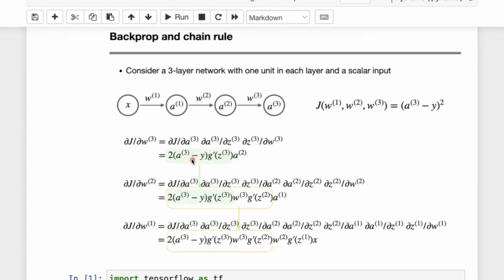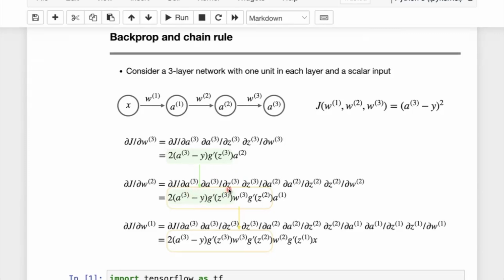So you really recycle a lot of these partial derivatives and you don't have to find them from scratch, right? So whether you want to find partial derivative of j with respect to w3 or w2, you need to first find the partial derivative with respect to a3, and then you go one step backwards, right? So you can see here we have a3, and then we have z3, a2, z2, and then w2, right? So that's how we get to here.